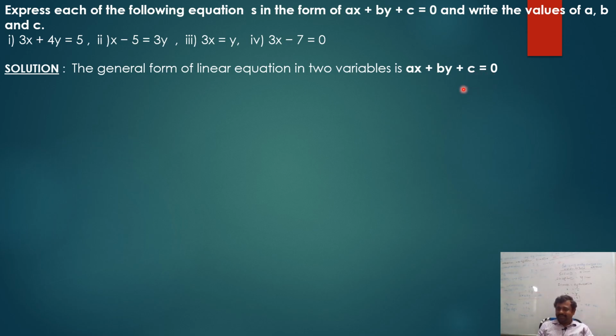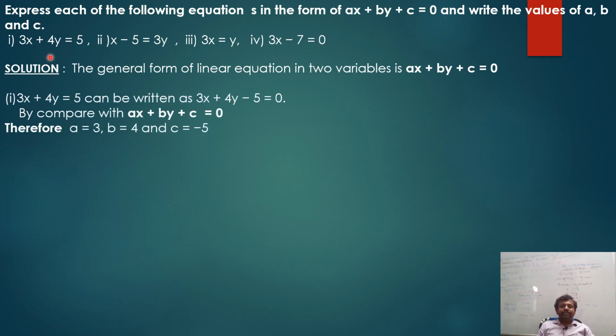We write 3x plus 4y is equal to 5, and this 5 is transposed to the LHS. Plus 5 moves to the LHS as minus 5, so 3x plus 4y minus 5 is equal to 0.